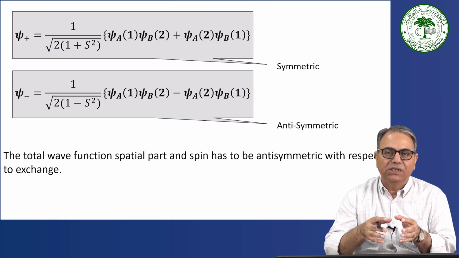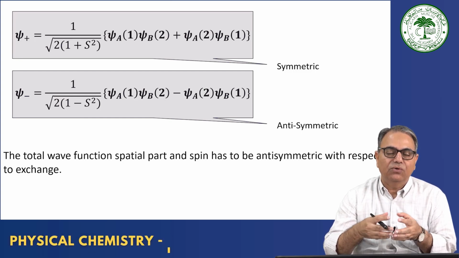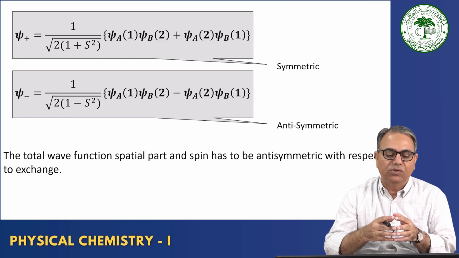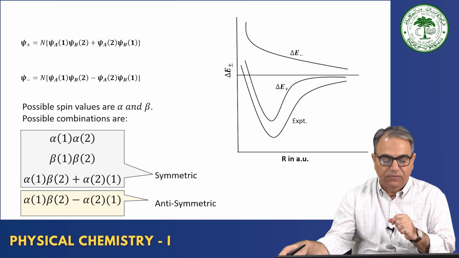Now, suppose the two combining electrons have a spin like alpha and beta, then both electrons could have an alpha spin, both electrons could have beta spin, or one electron could have alpha and another could have beta. So what are the different combinations which is possible for the spin functions?